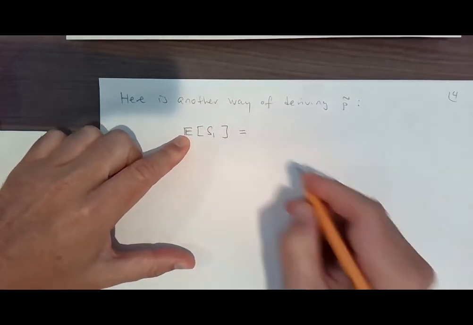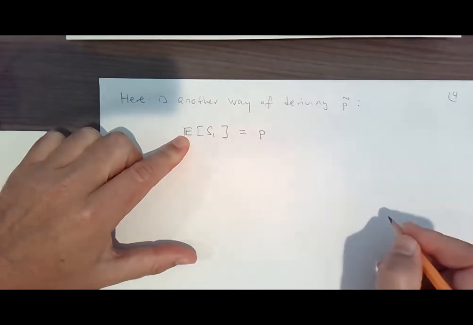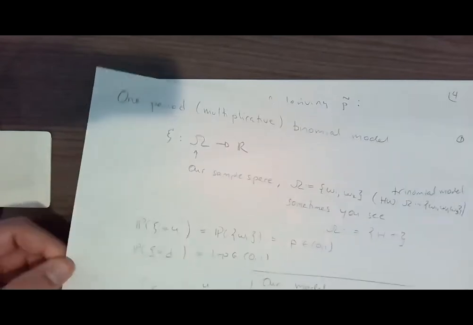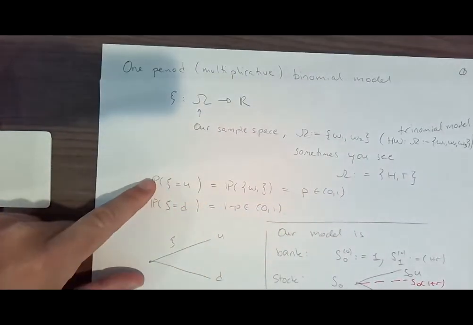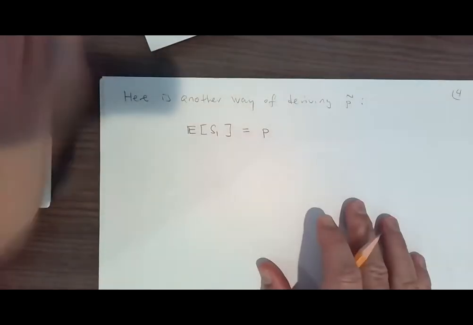This here is under p, so I need to put the p probabilities. This was all the way back on the third slide. Right, we had that p there. When I'm taking expectation with respect to the p probabilities, I need to use a little p.